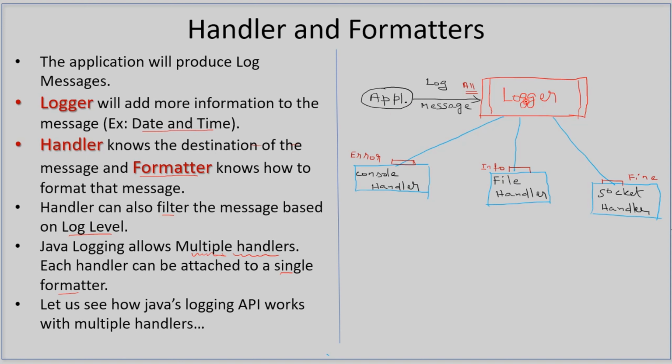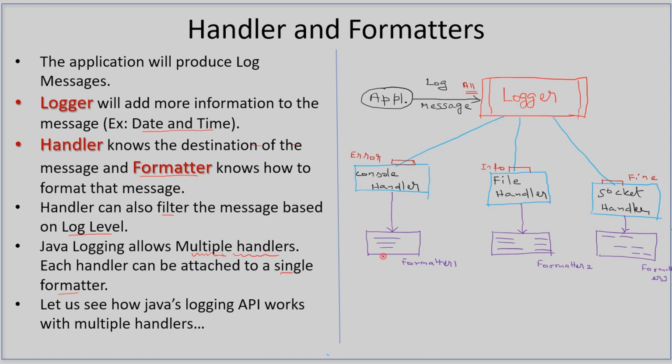A logger will add additional information, and from here the logger can be attached to multiple handlers. Then each handler can be attached to a formatter. So you can see a logger can be attached to multiple handlers, and a handler will make use of a formatter to format the message.